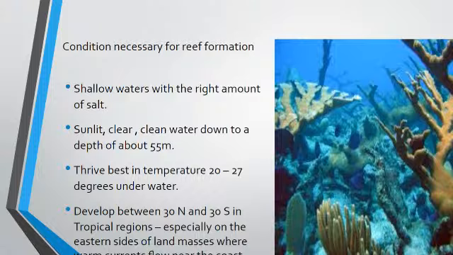So the depth for that is about 55 meters. I think the textbook said 45 meters, but based on the individuals at the marine park, they have been seeing it at 55 meters. So that's why they had placed it in this PowerPoint.